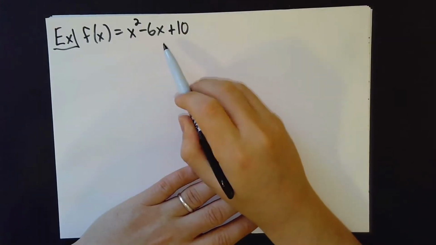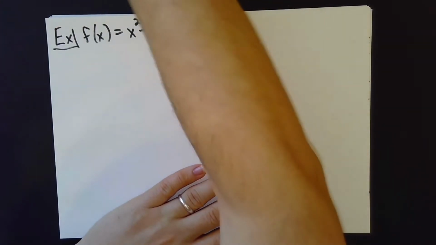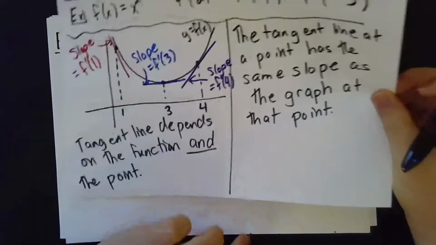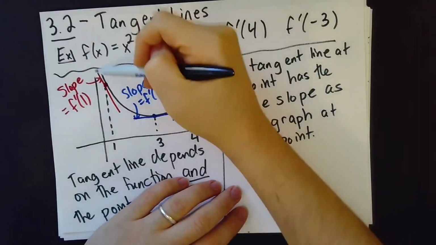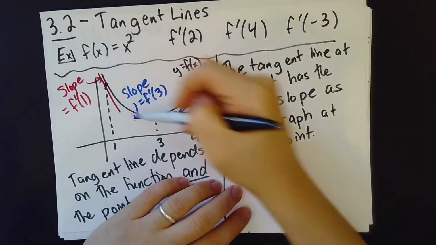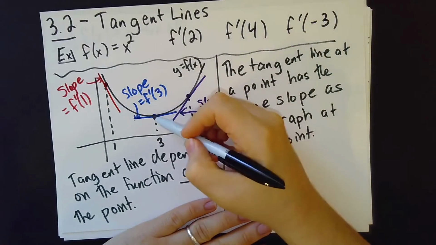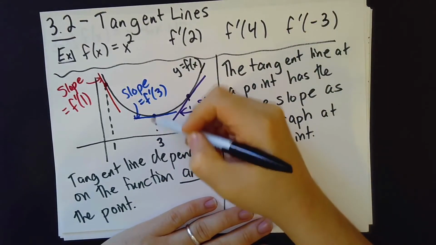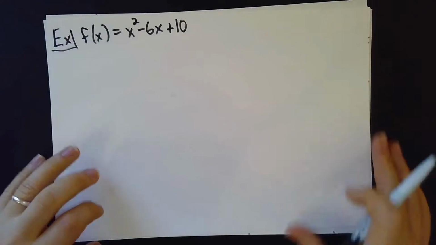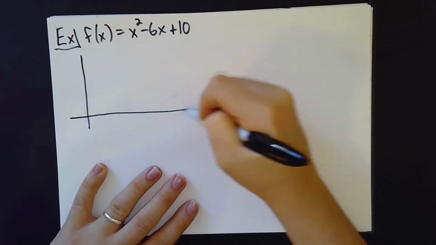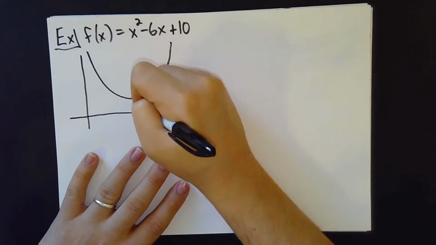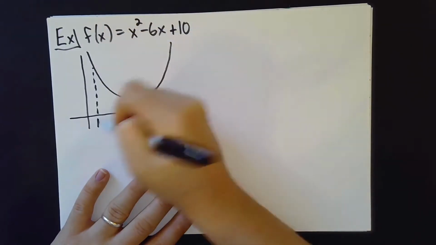And this function I have designed so that its graph looks exactly like this graph here. It's a parabola pointed up whose vertex happens to be at 3. And so I can go ahead and reproduce this graph, roughly speaking, here.